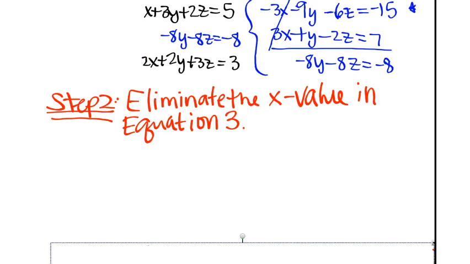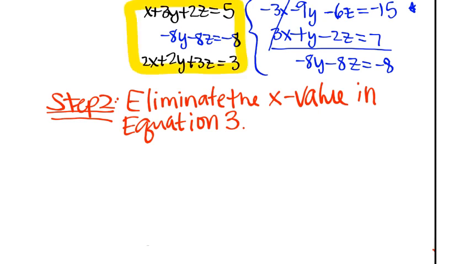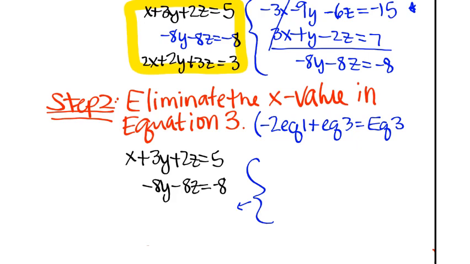Our next step is to eliminate the x value in equation 3. In order to do that, we need to use the system that we just made. Again, our top equation and our middle equation stay the same. We're going to do negative 2 times equation 1 plus equation 3 to give us our new equation 3. So those top two equations stay the same, and your bottom equation is the one that changes.